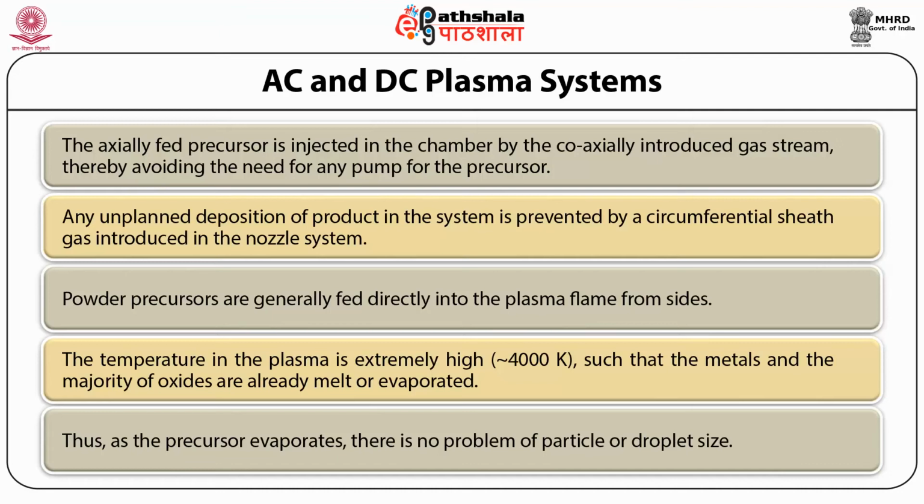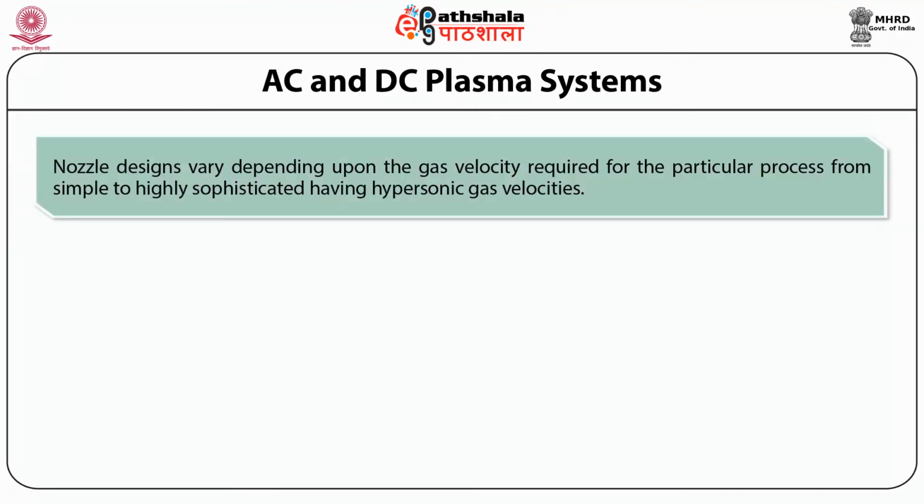Nozzle design is the crucial parameter which influences the synthesis. Nozzle designs vary depending upon the gas velocity which is required for the particular process, from simple to highly sophisticated, having hypersonic gas velocities.